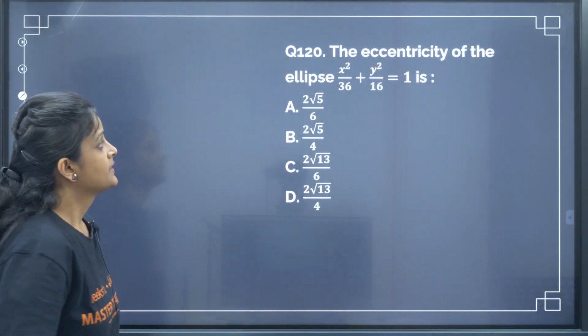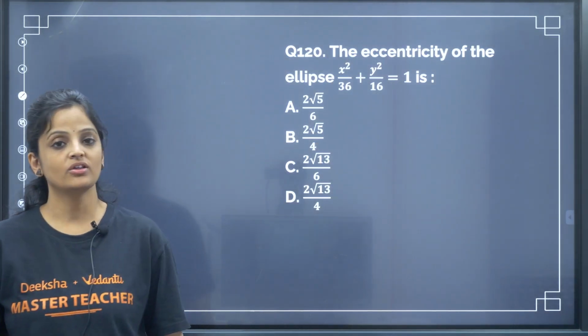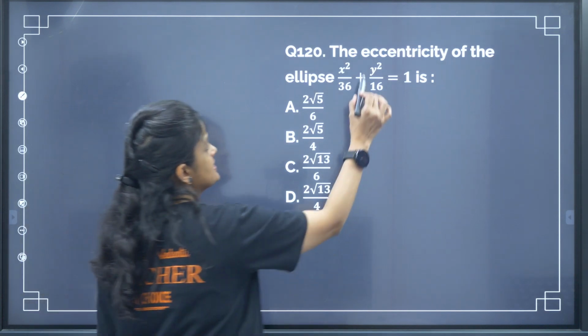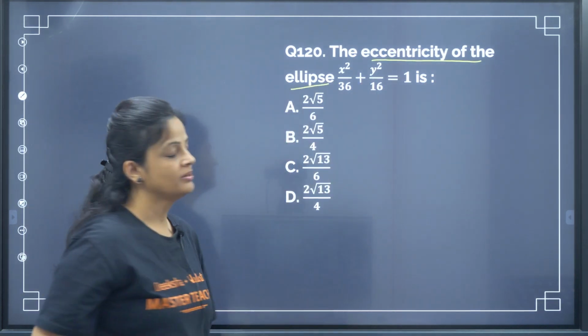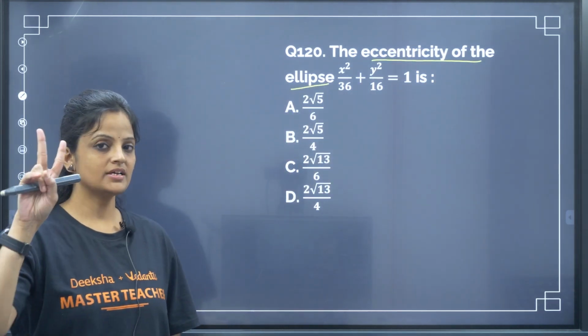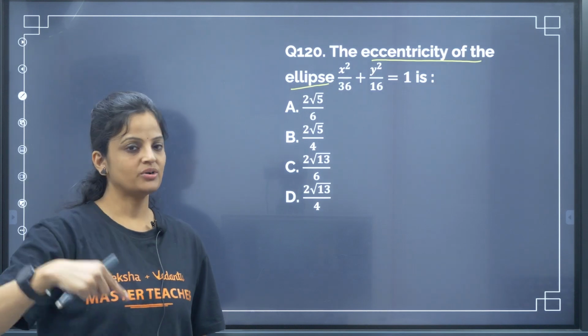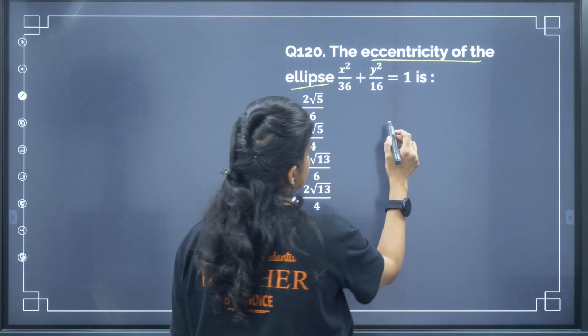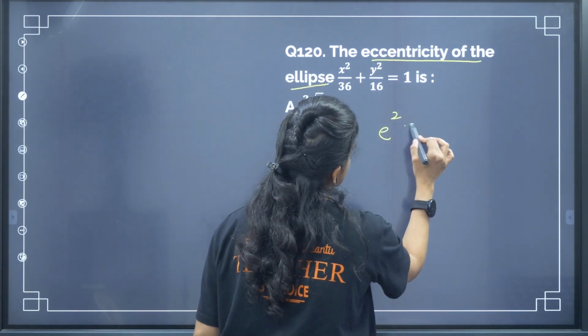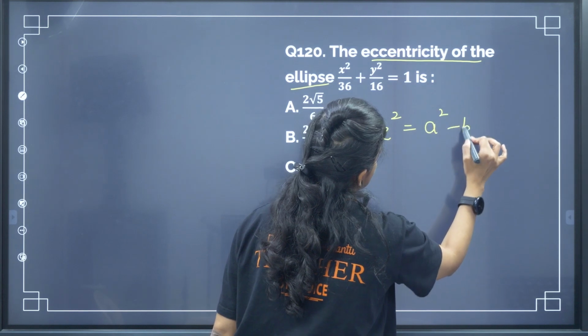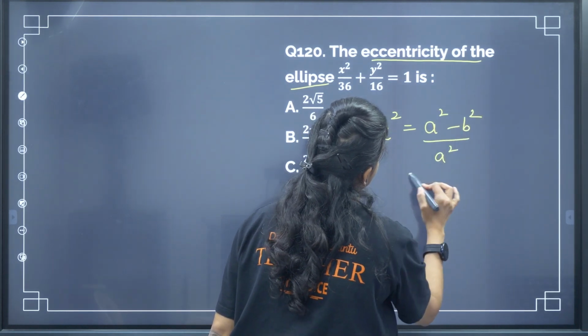120th question. So the last question is on the ellipse. Eccentricity of the ellipse. You remember the form? Two forms are there, horizontal ellipse and vertical ellipse. This is a horizontal ellipse and we have e square is equal to a square minus b square by a square.